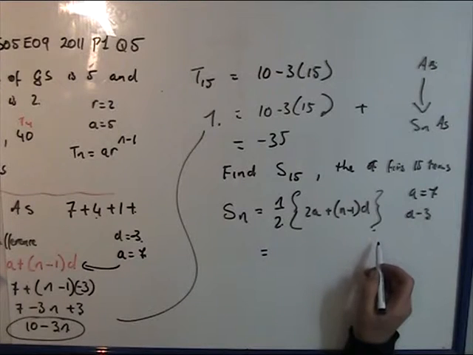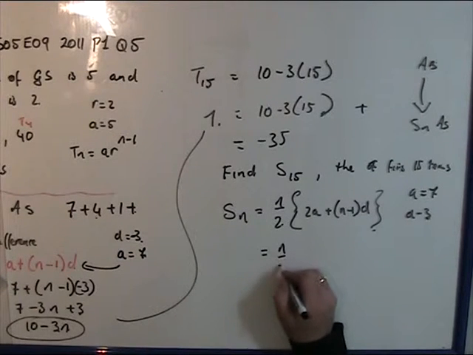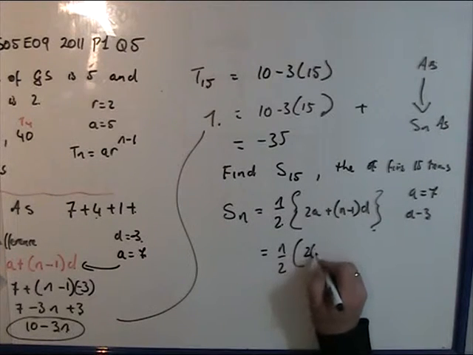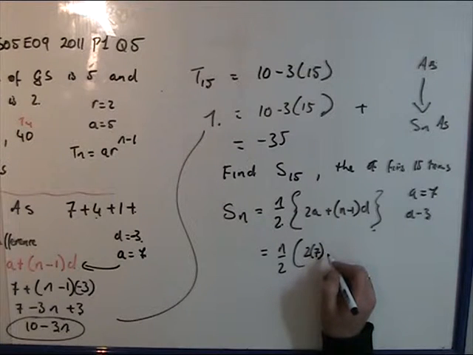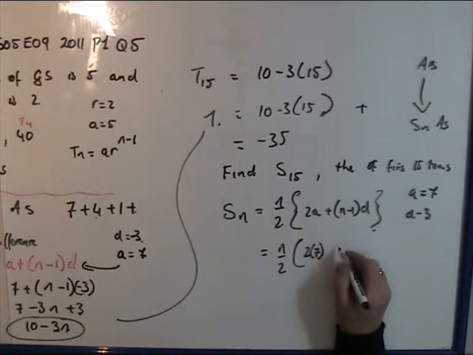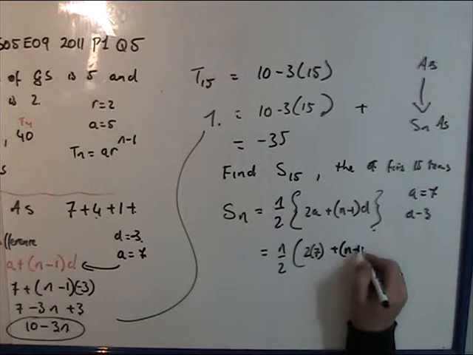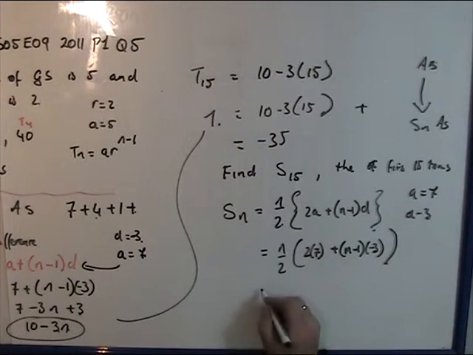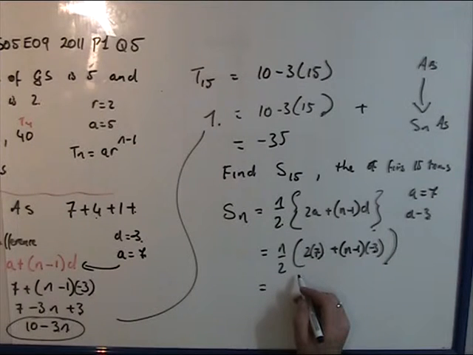So you put in your values: n over 2 times 2a, which is 2 times 7, which is 14, plus n minus 1 times d, which is minus 3 again, and close brackets.